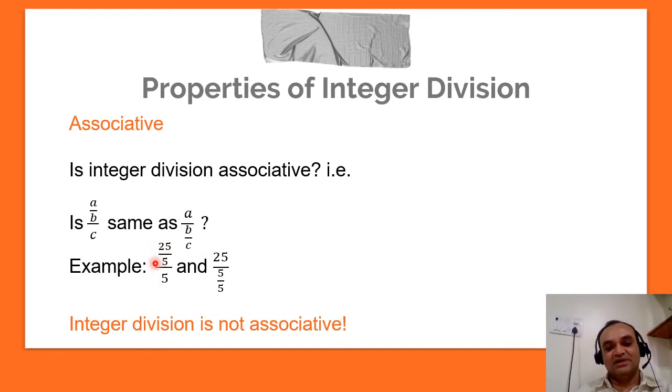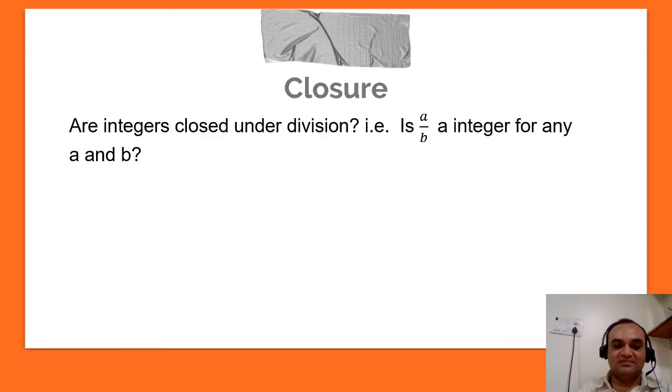So 25 by 5 will be 5 and 5 by 5 is 1. Versus I group 5 and 5 first. So 5 divided by 5 will be 1 and 25 divided by 1 will be 25. So again, the answers are not the same and integer division is not associative.